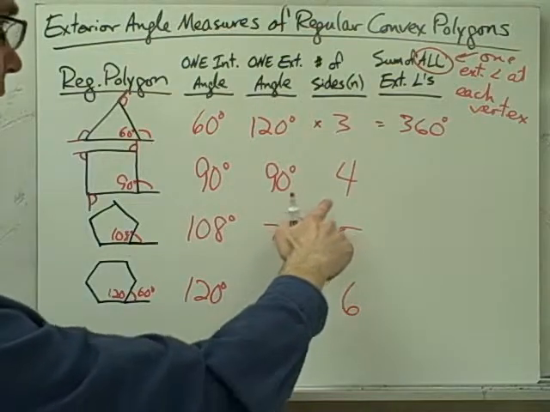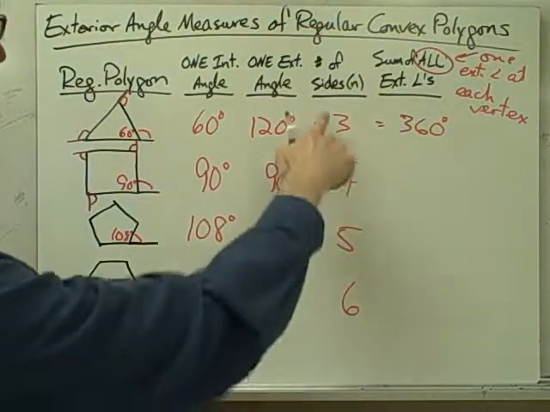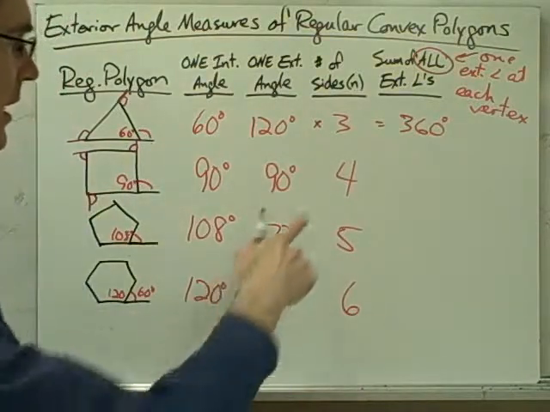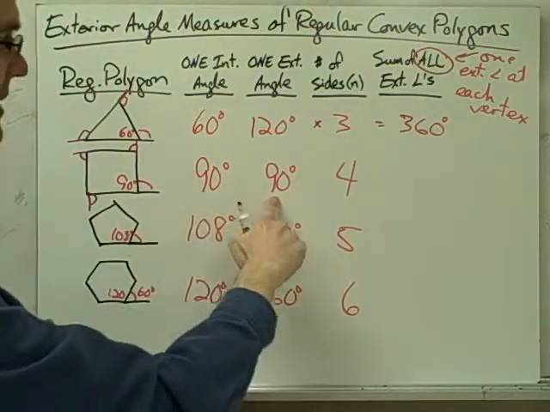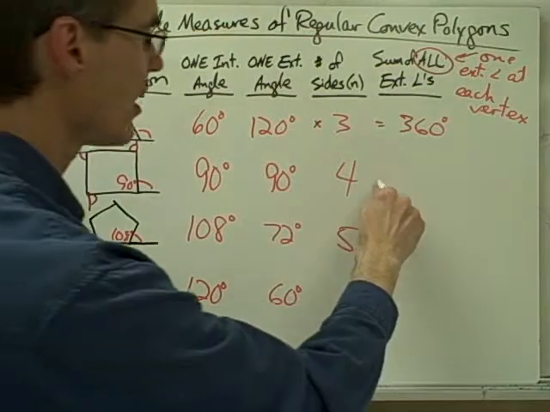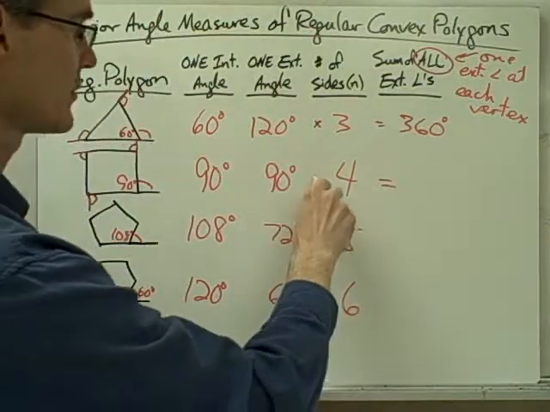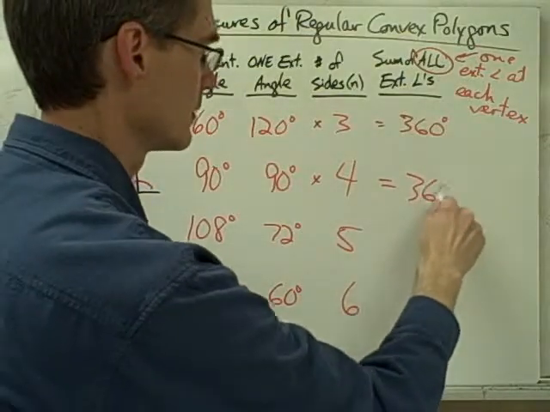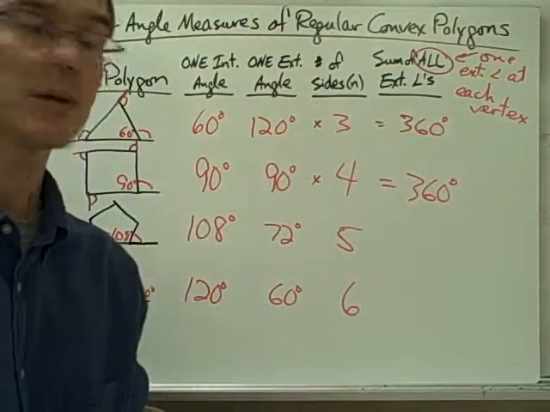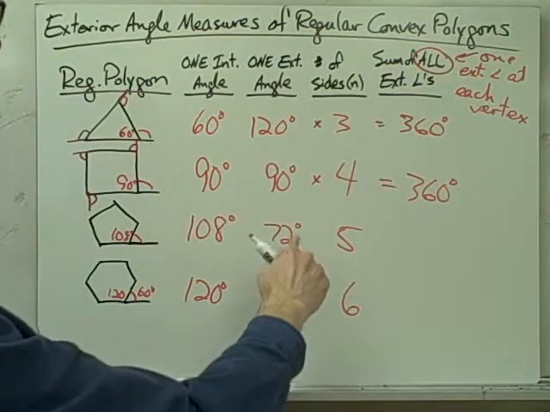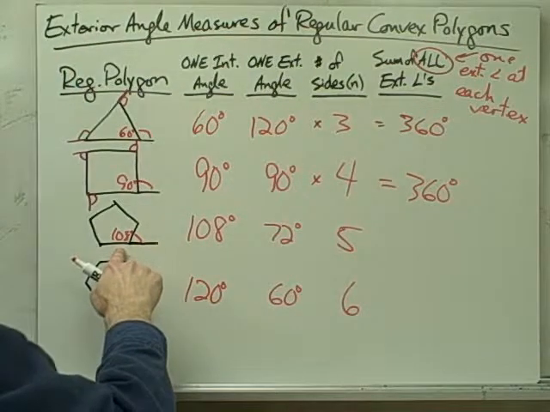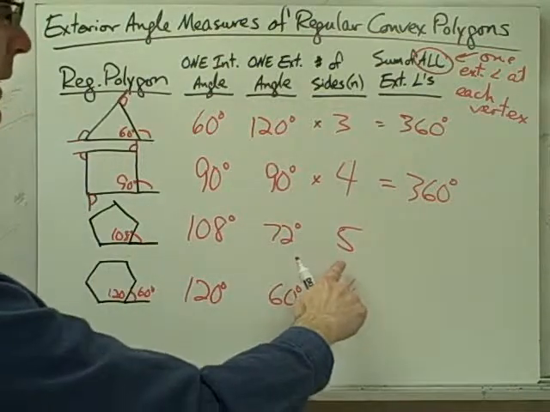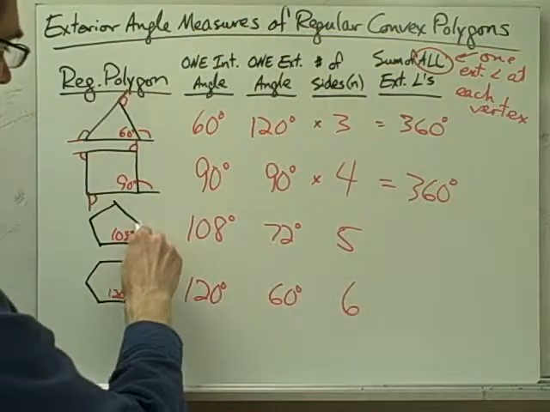If I have a total of 4 exterior angles on this 4-sided regular polygon, and each exterior angle is 90 degrees, then the sum of all of the exterior angles is going to be 90 times 4, which is 360 degrees. And you may start to see where this is going. If I've got a 5-sided regular polygon, that means it has 5 exterior angles.